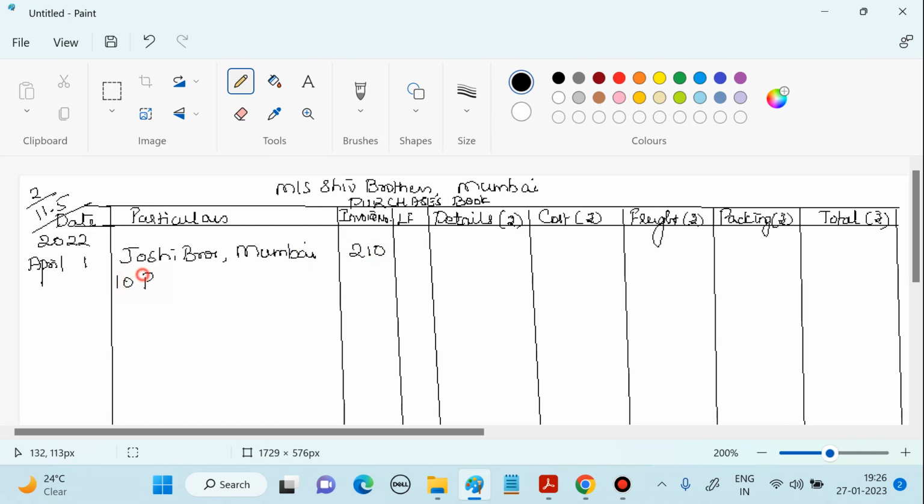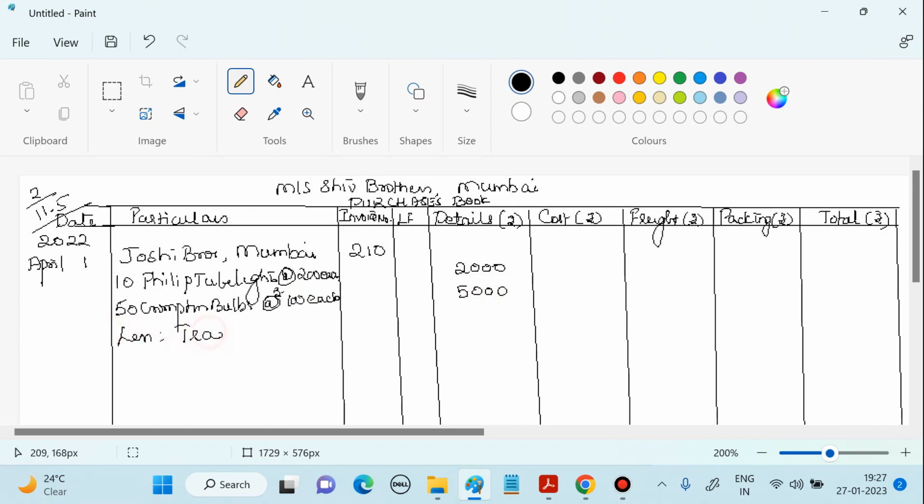They are purchasing 10 Philips tube lights at the rate of 200 each. So 10 into 200, 2000. 50 Crompton bulbs at the rate of rupees 100 each. 50 into 100, 5000. Trade discount is 10%.